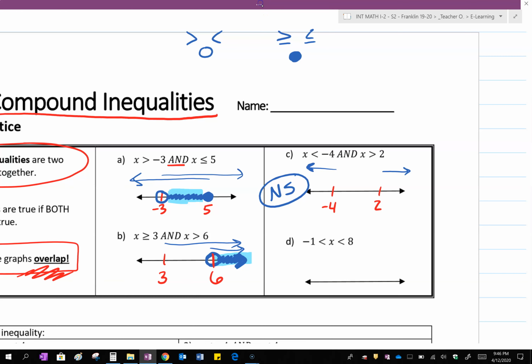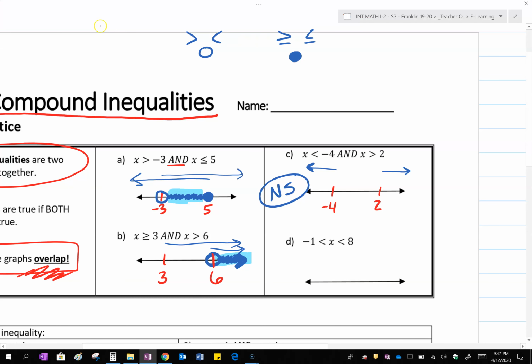Okay, the last kind you'll see is where they're all written together like this. This is always an and inequality. So if you see it look like that, you know it's and, you know you're looking for an overlap. And I'll tell you one more, when x is in the middle like this, it's always just in the middle of the two numbers. So we got -1 here on the left, we got 8 on the right.